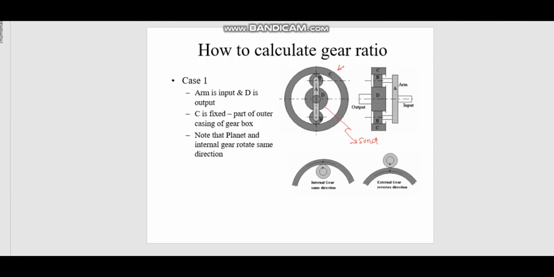And then this is the arm, and we have a planet gear, right? And for this particular case, the arm is the input, so this is the input, and D is the output, and D for this particular case is the sun gear, so this is D.